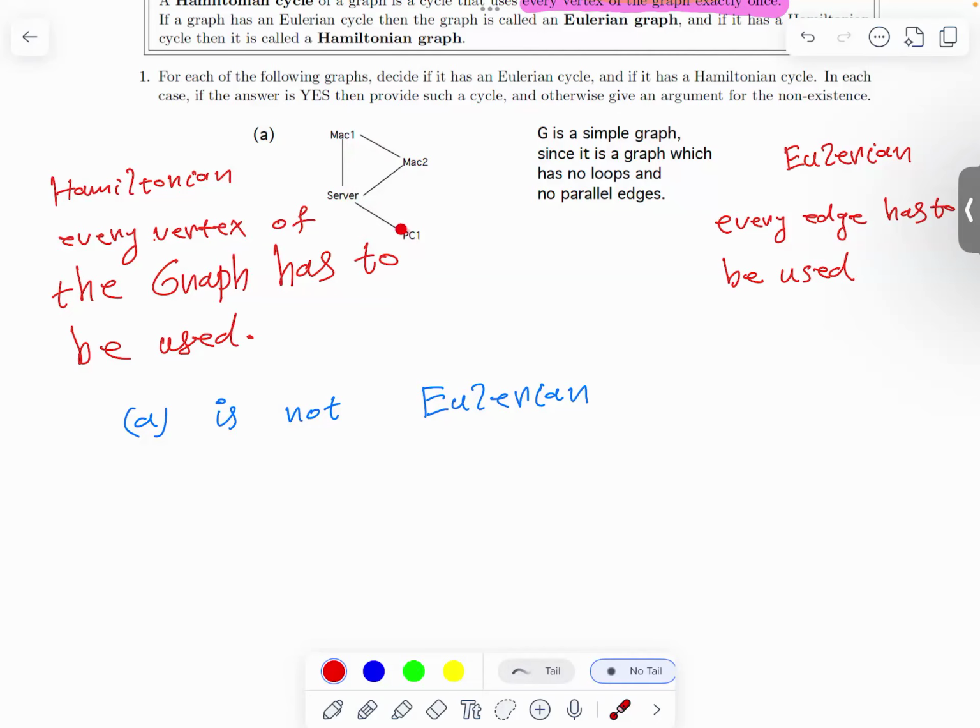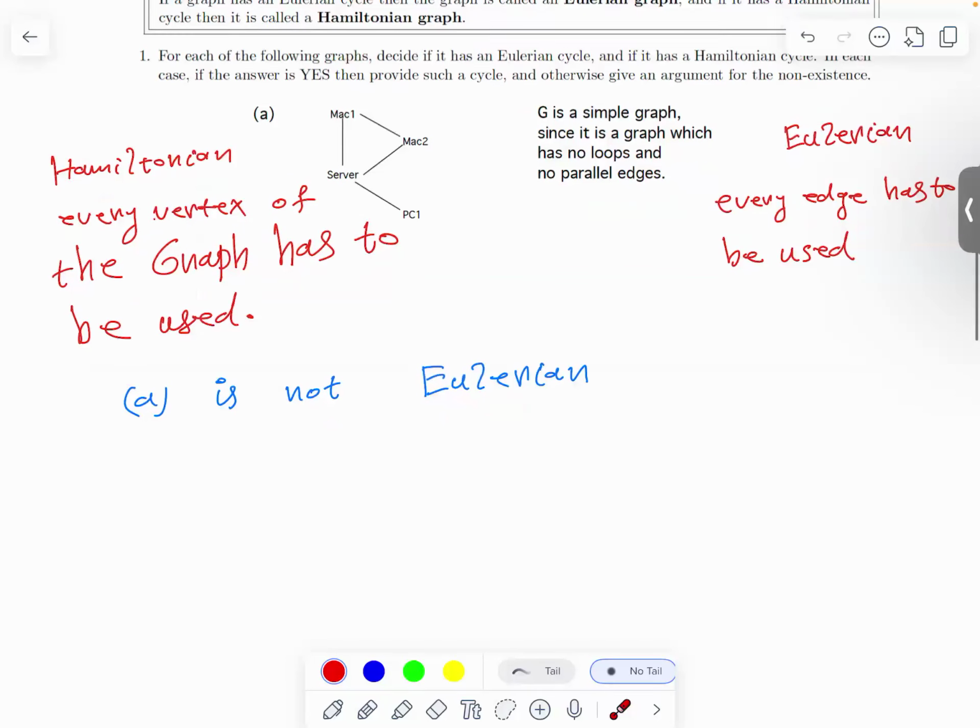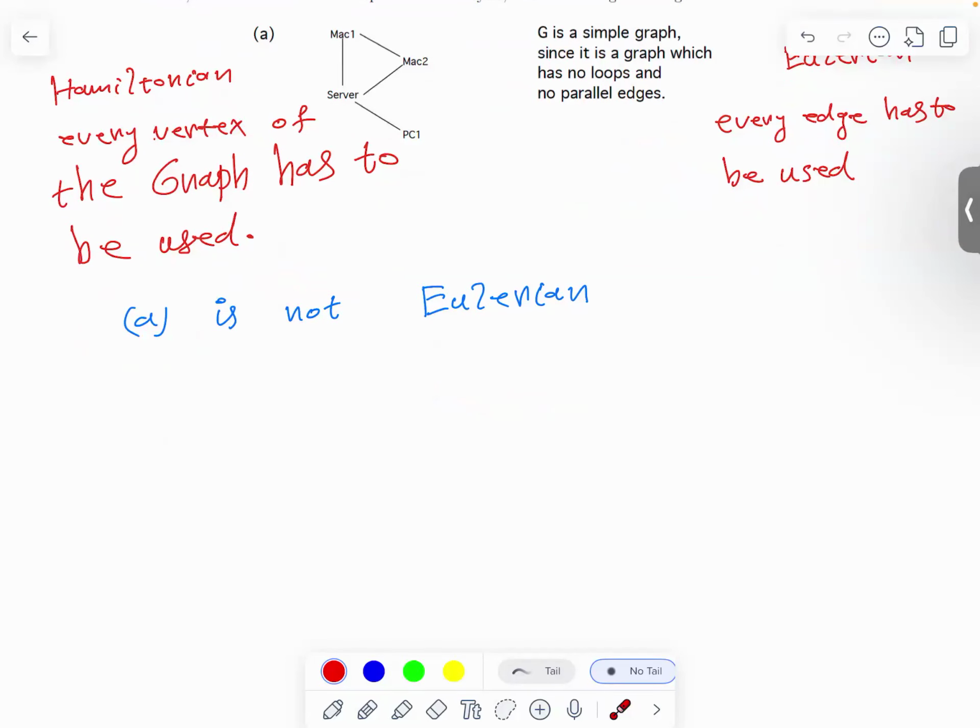If I go to PC1, then I have to come back to the server and touch it again and go back to Mac2. So this edge is repeating. That's okay in Hamiltonian, but since you repeat the server, the graph is not Hamiltonian. So A is not Hamiltonian.